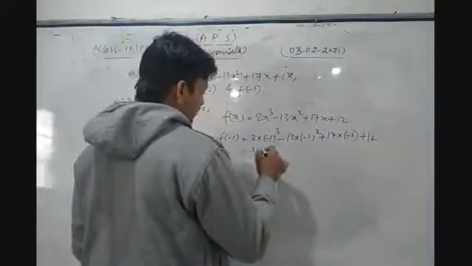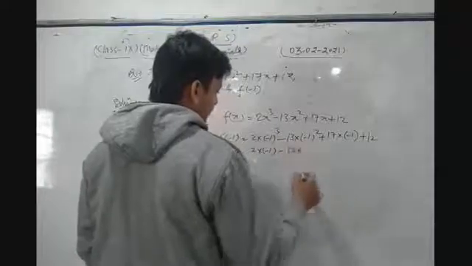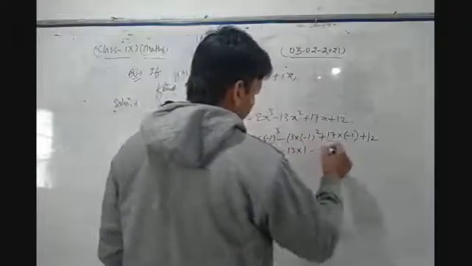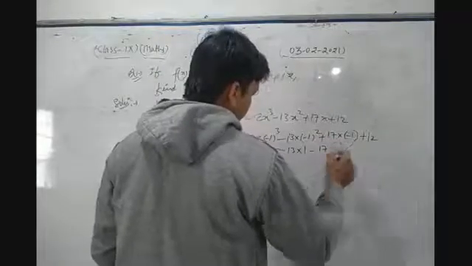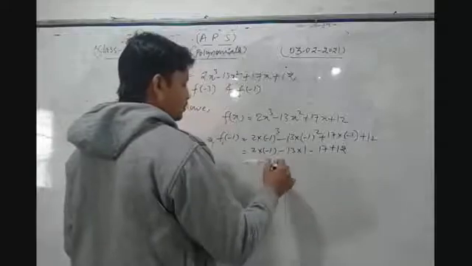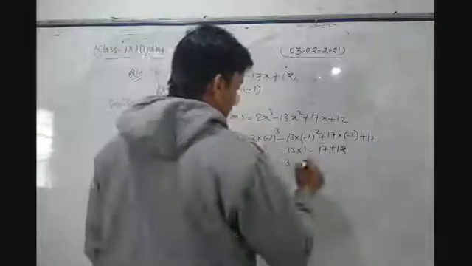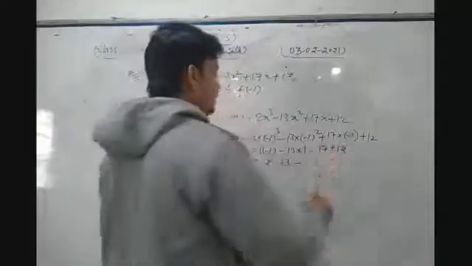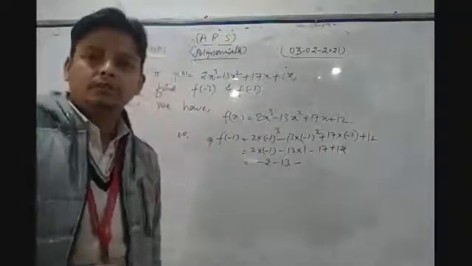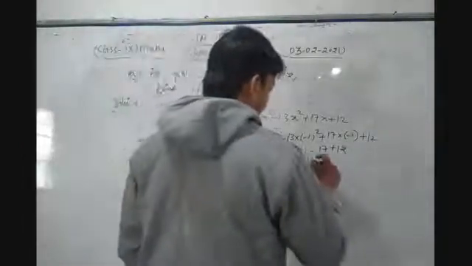2 into minus 1 here, minus 13 into minus 1 square, that is plus 1, plus minus 17 plus 12. Now here 2 ones are minus 2, minus 13 ones are minus 13, minus 17 plus 12, that is 17 minus 12, which is 5, and so minus 5 will be left.